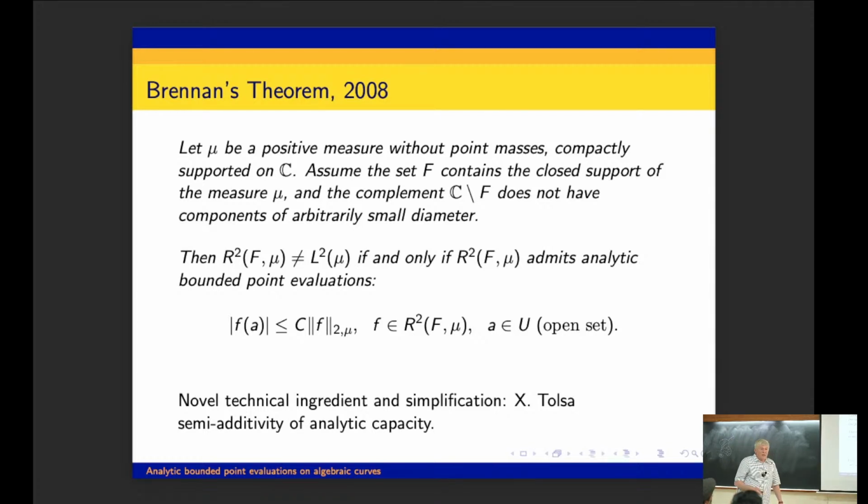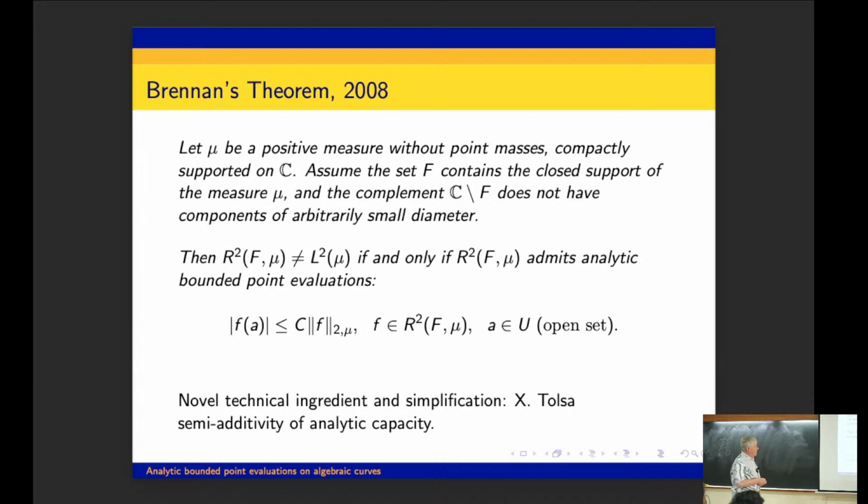And the simplification is going to estimates, for the connoisseurs here, of Cauchy transforms of measures and bounds for the analytic capacity. Tolsa's theorem gives some bounds on the analytic capacity of sets, and that simplifies this.